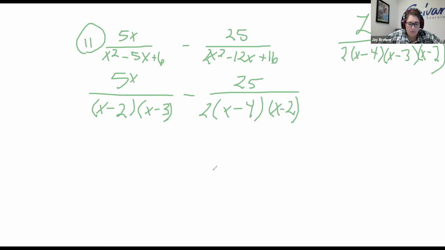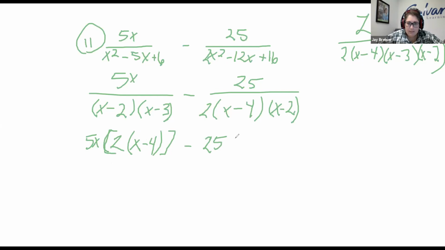Okay, so we have 5x here on top. We know that we're missing the 2 and the x minus 4. Okay. And then for the second part, we have 25 on the outside.